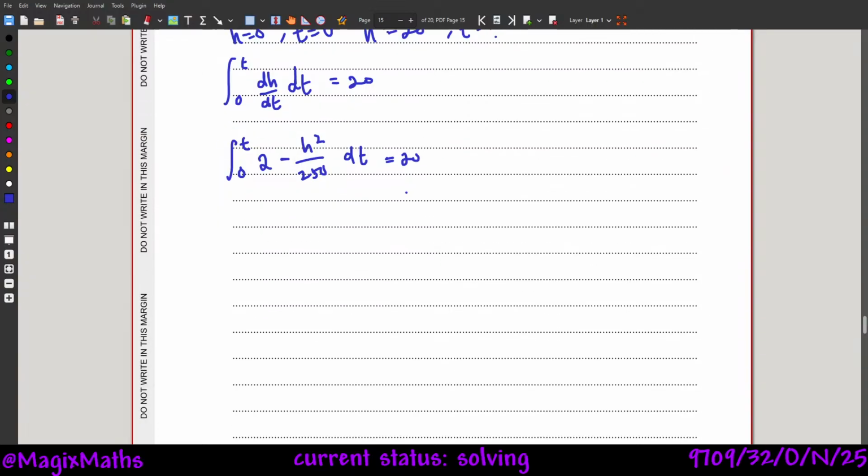Is this correct? I don't think I'm finding the correct thing here.